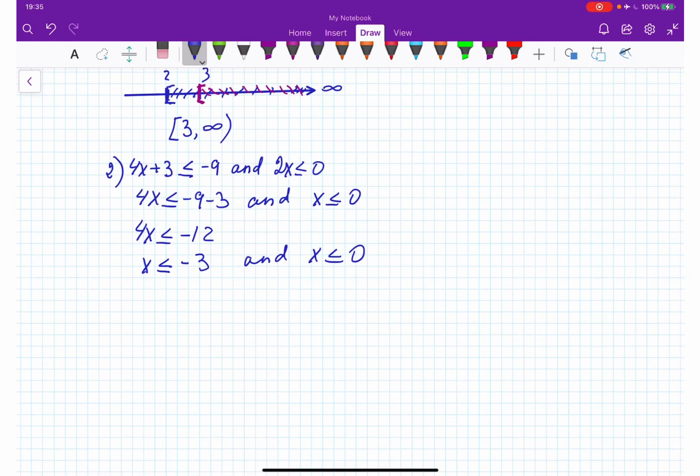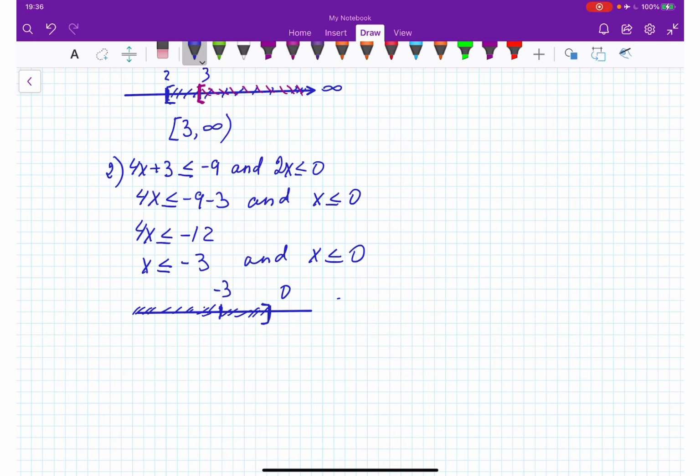Okay, let's see what we have. If this is our 0, this is our negative 3. So what do we have? Less or equal 0, because it's an equal sign, we put a square bracket.